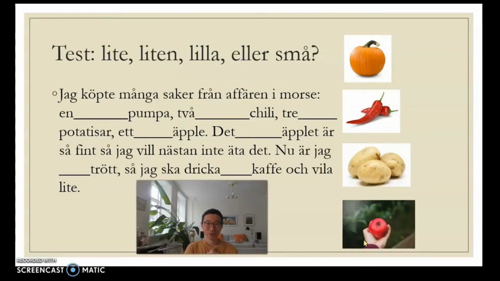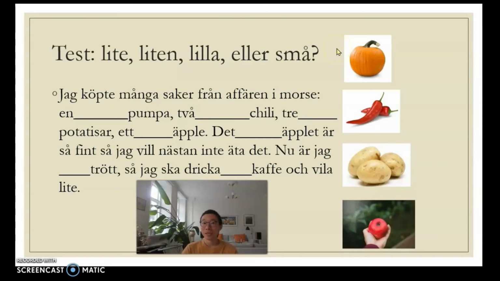Now, let's do a test together and see if you comprehend everything for today. Nu ska vi göra en test och vi får se om vi har förstått allting för idag. Så vi ska fylla i luckorna med lite, liten, lilla eller små. So fill in the blanks with lite, liten, lilla or små.